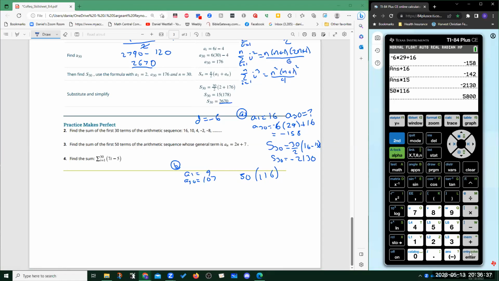I get 5,800. It's the sum from 1 to 50 of 2x plus 7.